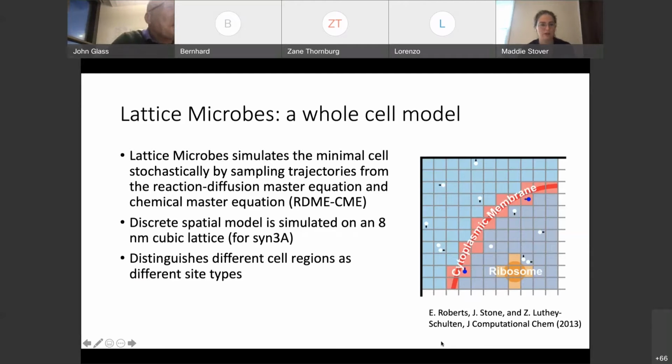We discretize physical space on an 8 nanometer cubic lattice for SYN3A, which distinguishes different cell regions as different cell types, as I've shown in this figure over to the right. So here we have the extracellular space in this light blue, the membrane in pink, the cytoplasm in purple, and the ribosome in yellow. And these white particles are allowed to diffuse between subvolumes and react within subvolumes.